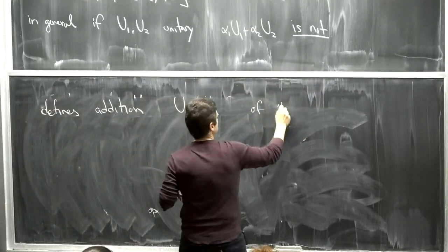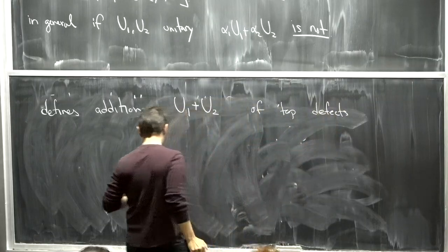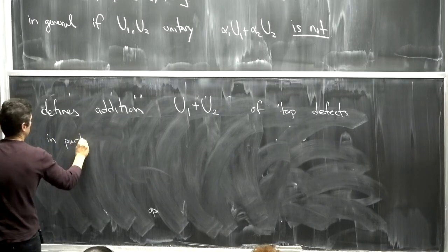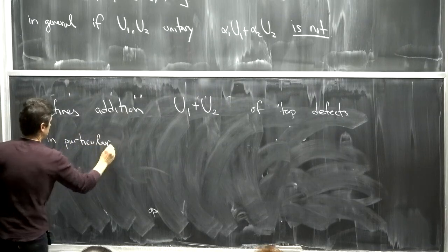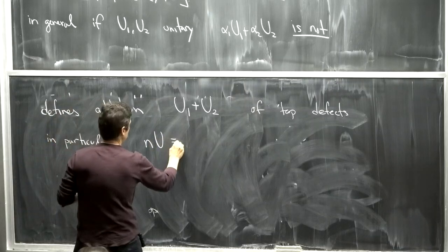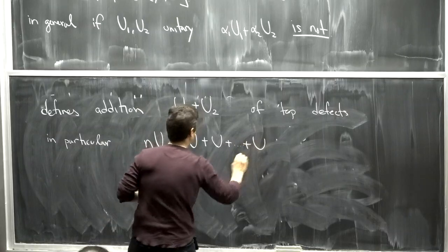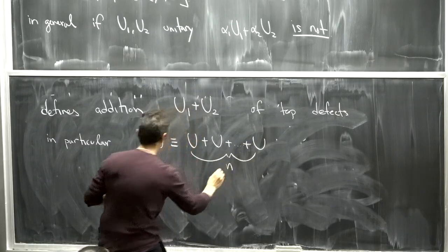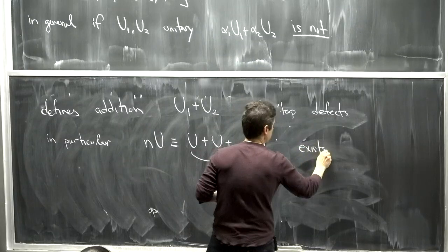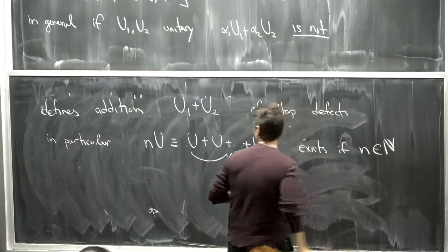We're talking about logical defects here. In particular, n times U, which is defined as U plus dot dot dot plus U, n times, exists if n is any natural number.